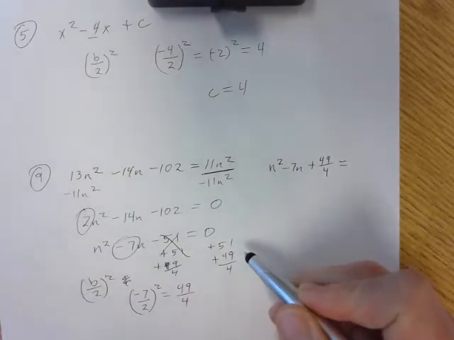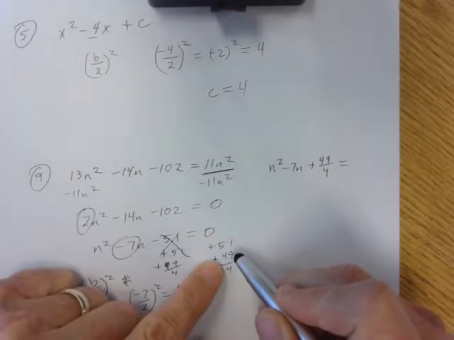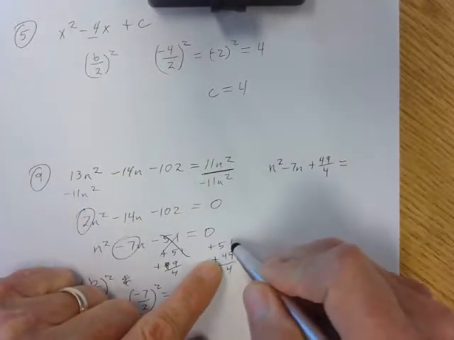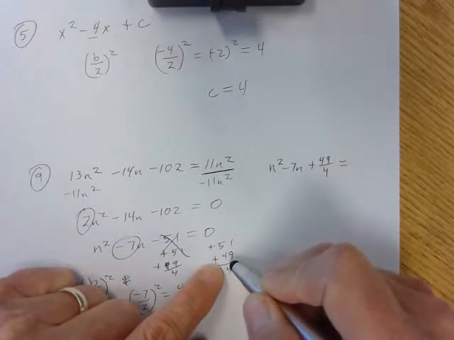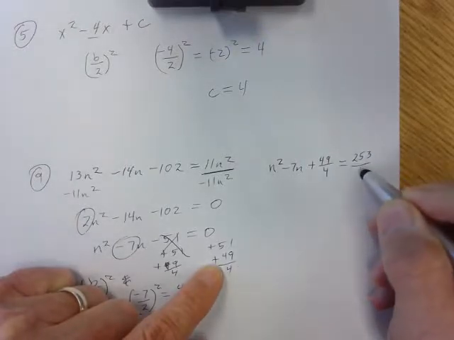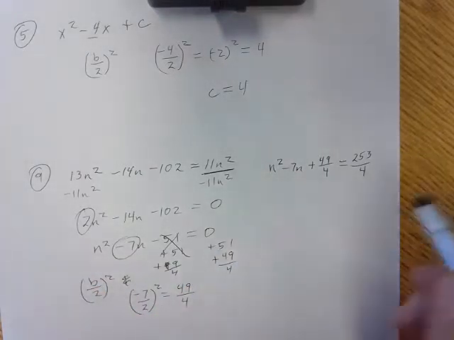That would be annoying. That's 204/4 plus 49 is what, 253/4. Okay. Check that with a calculator, make sure I'm doing that right.